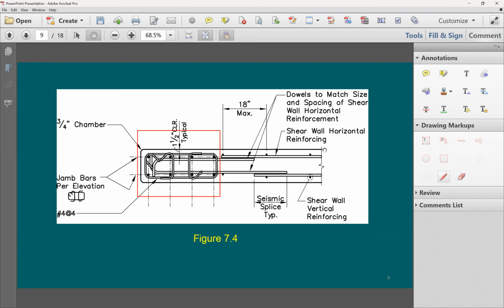I have here number 5 at 16. Excuse me. Number 5 at 16 is the spacing of the rebars, right? How much was the wall thickness? It was 16 inch. Am I correct? Yeah. All right.